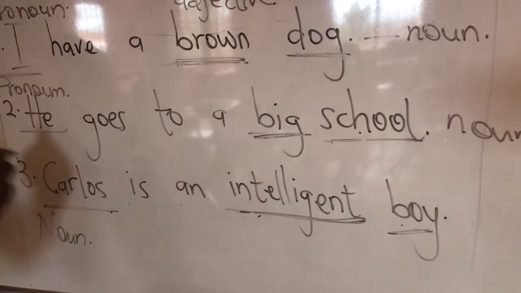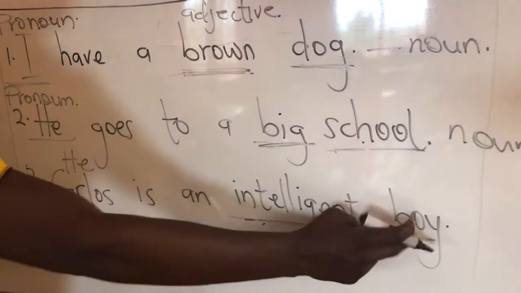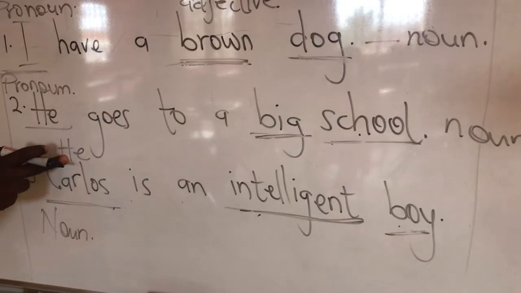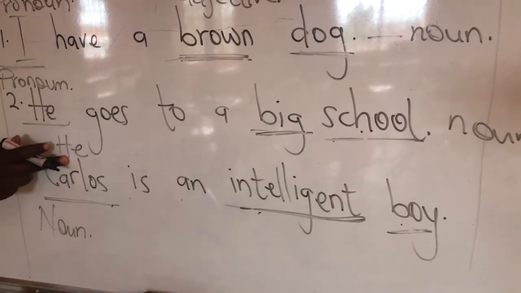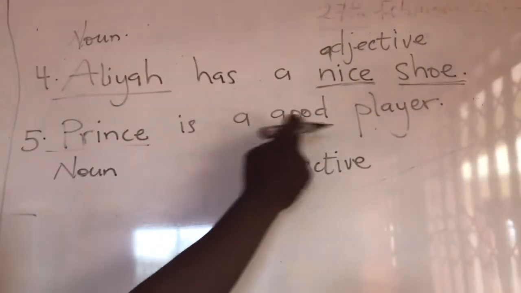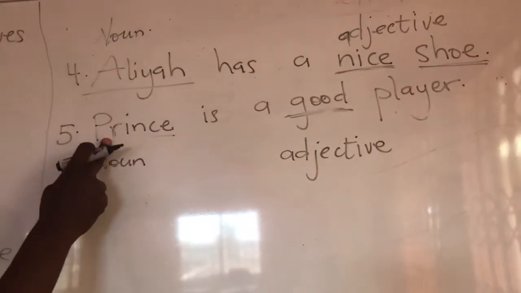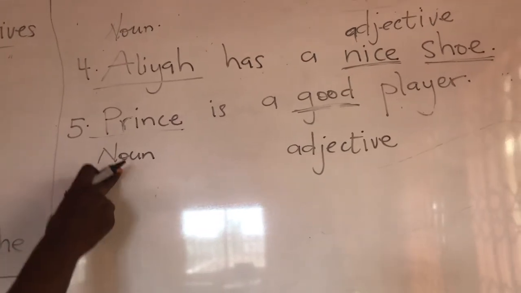We can also say he is an intelligent boy. And the he becomes a pronoun. In the same instance, we can say he is a good player. Immediately it becomes he, the noun changes to become a pronoun.